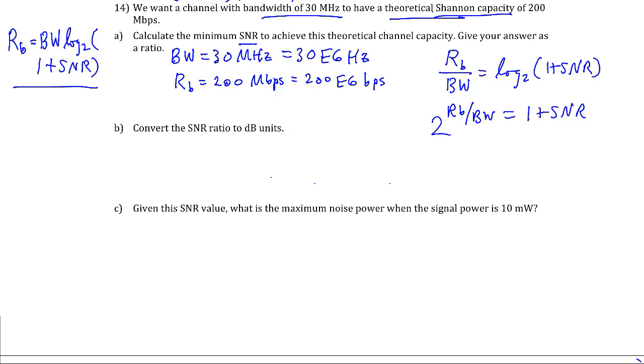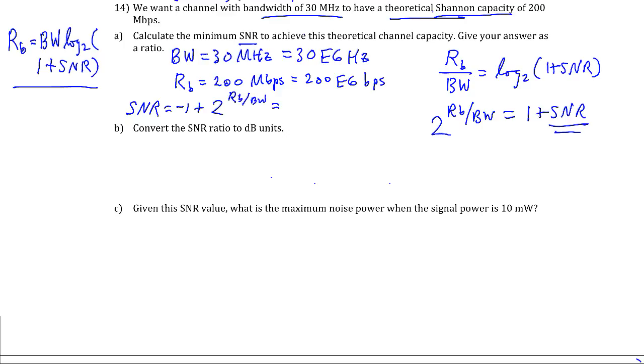Raising 2 to the log 2 power, they cancel each other out. Now I can solve for the SNR. If I subtract 1 from each side of the equation, SNR is negative 1 plus 2 raised to the ratio of the bit rate to the bandwidth.